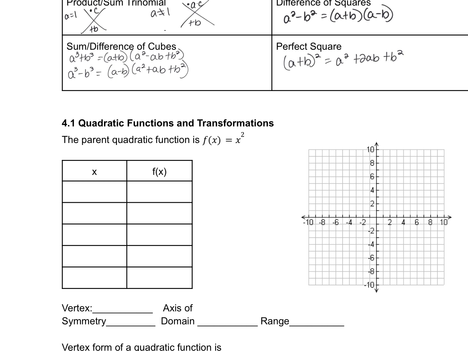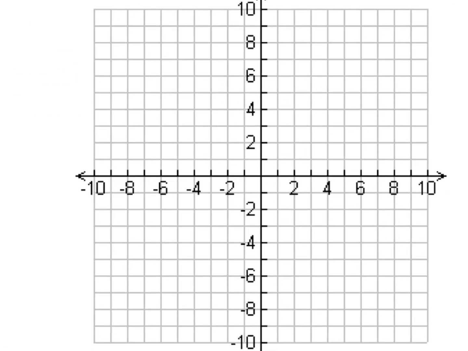So the parent function of just good old x squared. I'm not going to mess with this table. Remember where the parent function of a parabola starts? It is at 0, 0. And then it goes over 1, up 1. And remember, it's a curve. It's not a straight line like the absolute value.